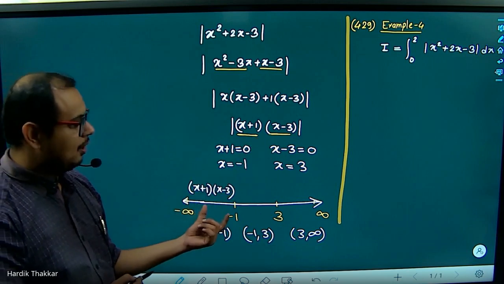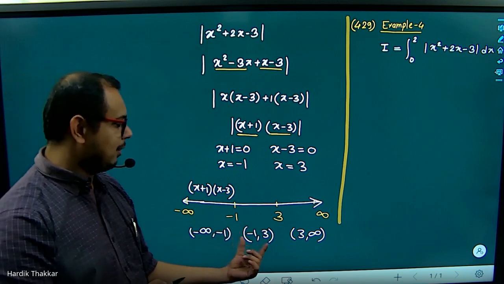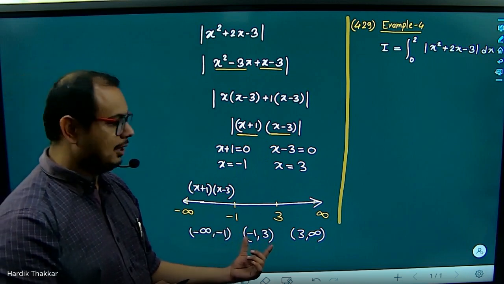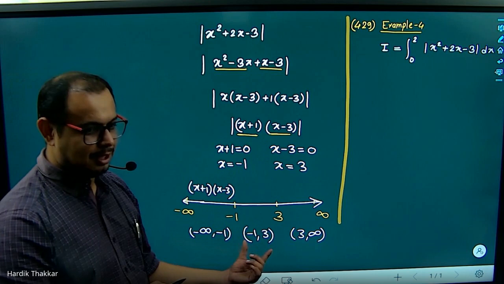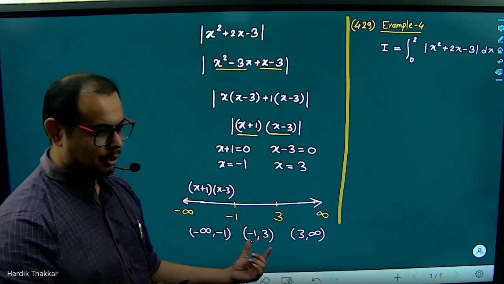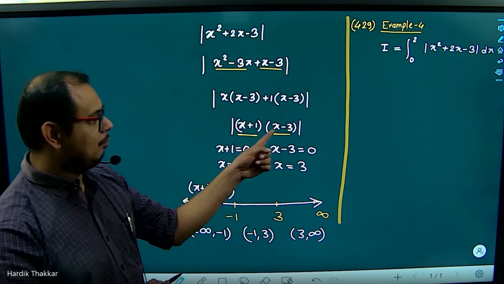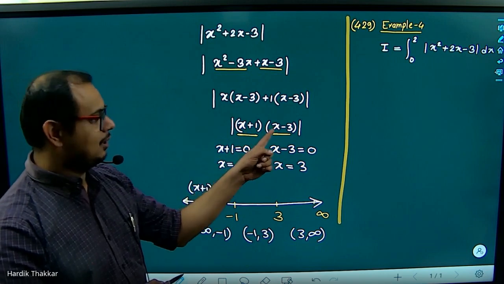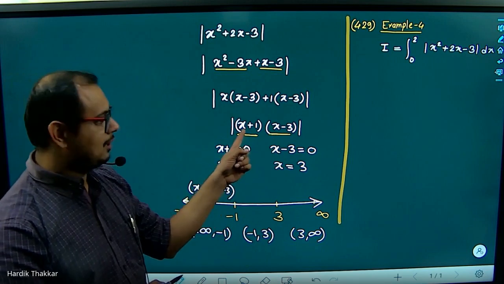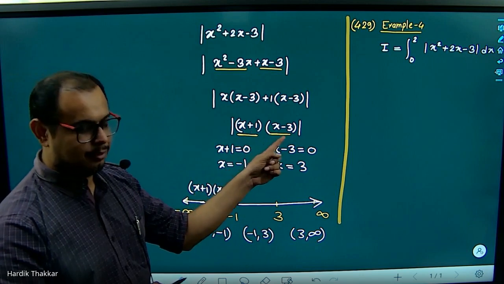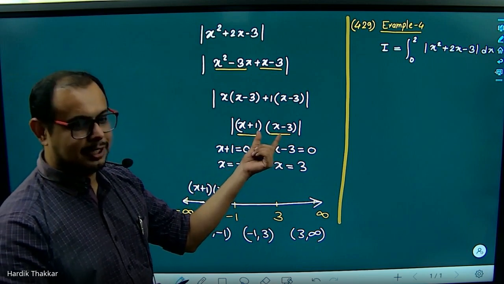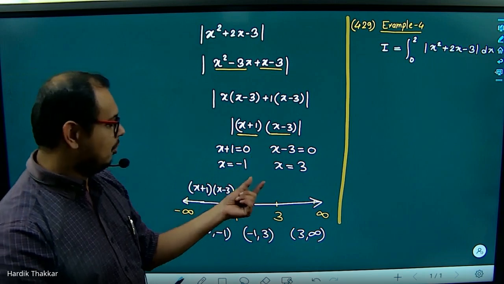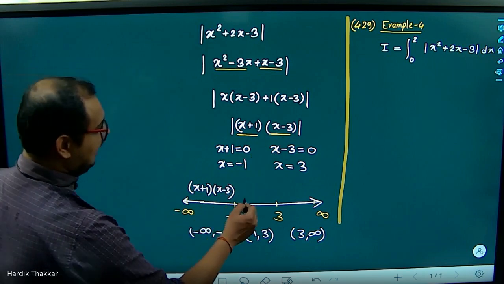Now for the next interval, that is minus 1 to 3, we consider any number between this interval. Let us consider 0. When we put 0 in both the factors, this term will be positive and this term will be negative. So positive into negative means negative. Inside the modulus we are getting a negative number, so the function will be minus times of this.